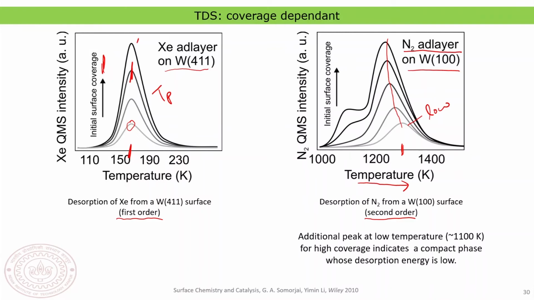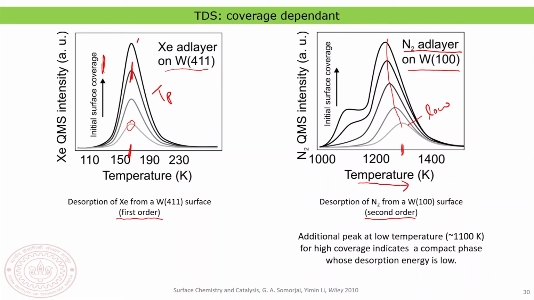That means as the coverage increases, you have more and more molecules packed in a given area, which means that there is a competition between the molecule-molecule interaction and the molecule-surface interaction. As we have seen in the previous slides, when the coverage is very high, there is a weaker molecule-surface interaction, and therefore the peak temperature is decreasing.